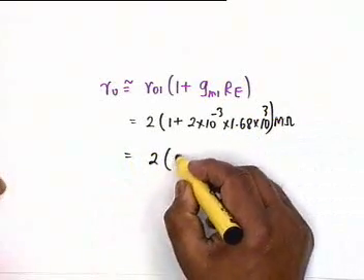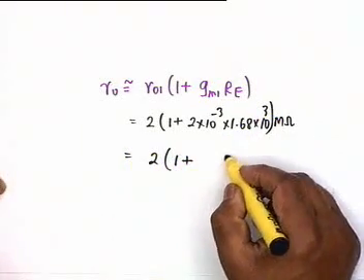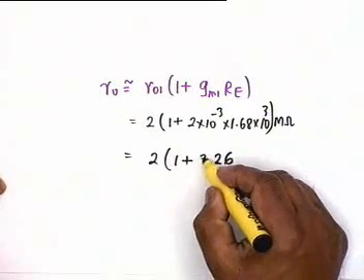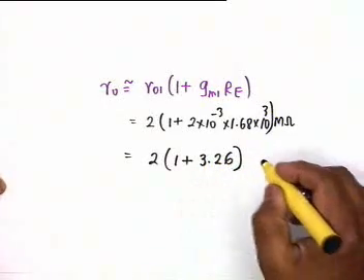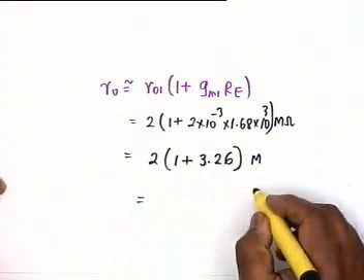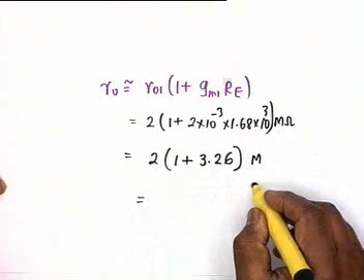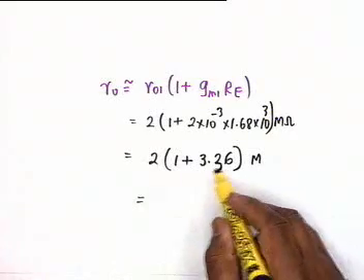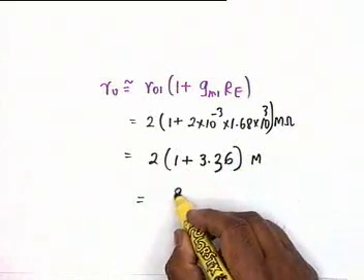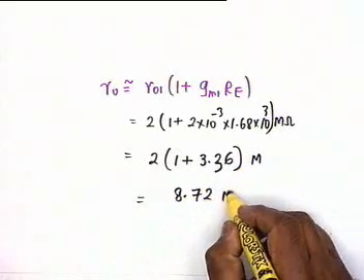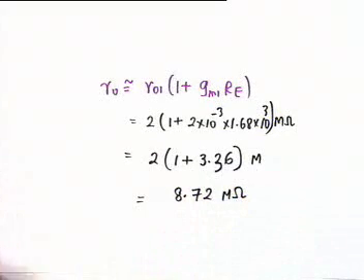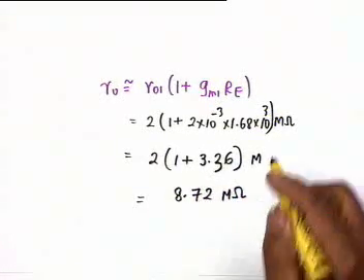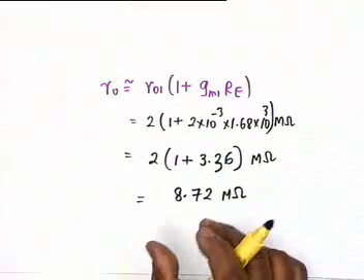That means this is equal to 2 times 1 plus, how much is this? 3.36. How could I make that mistake? Okay, so it is 4.36 multiplied by 2, 8.72 meg.